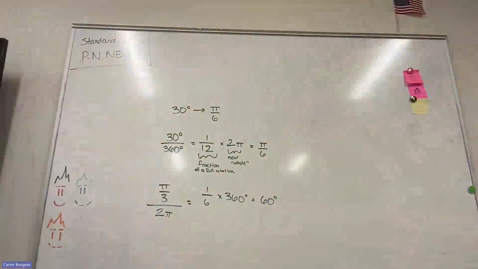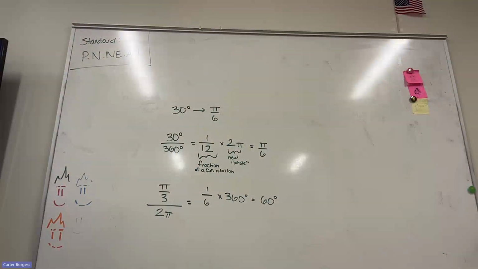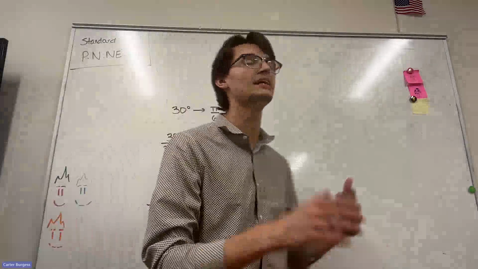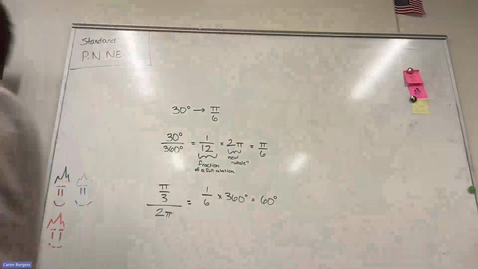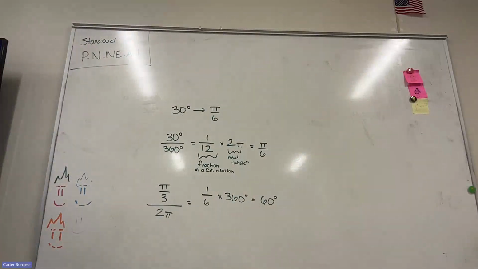All right. Let us then take a look at example 1 and 2 kind of in tandem here. Both of them are asking us to convert between radians and degrees in some capacity. For example 1, we are given degrees and being asked to convert to radians.